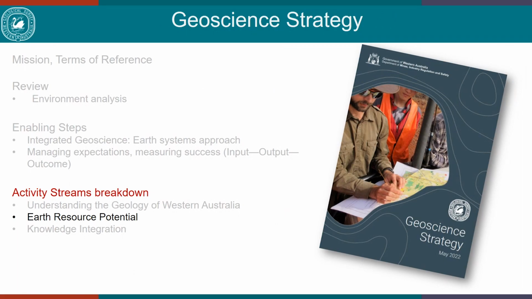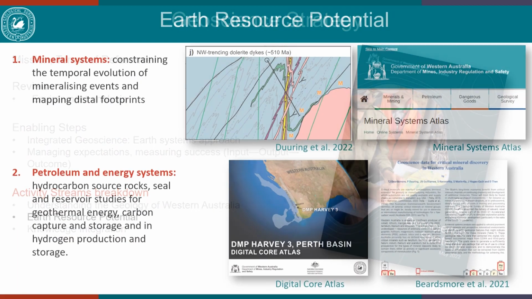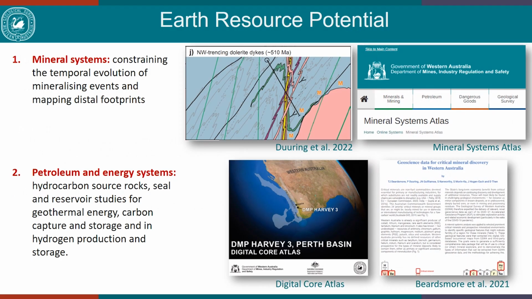Another part of our activity is understanding WA's Earth resource potential. Mineral system studies will focus on constraining the temporal evolution of mineralizing events and mapping distal footprints. Petroleum and energy systems work will focus on source rocks for hydrocarbons, but also seal and reservoir studies for geothermal energy, carbon capture and storage, and for hydrogen production and storage in the state.